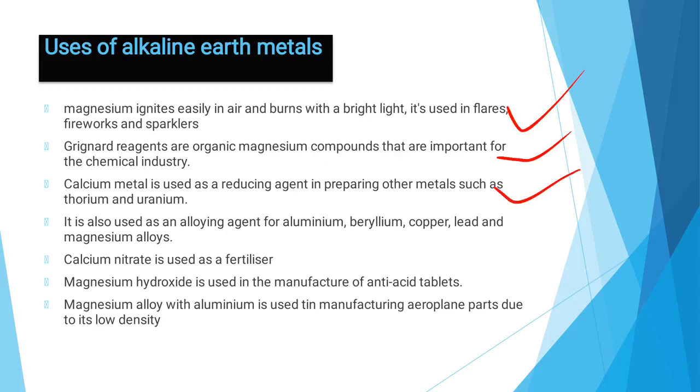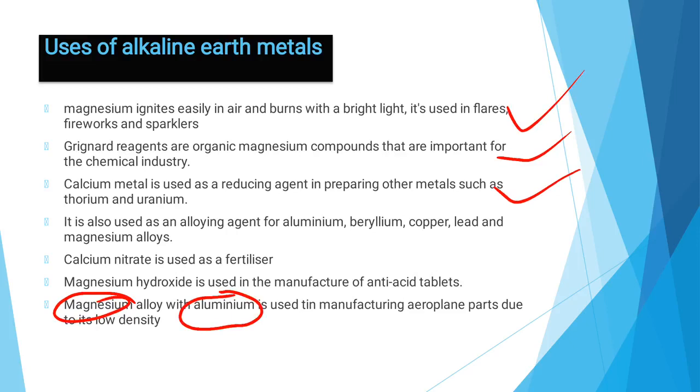Then, everybody has seen an aeroplane. The metals that are used to make an aeroplane must be very light to ensure that it has a higher capacity. So for that reason, we usually make an alloy of magnesium and aluminium.